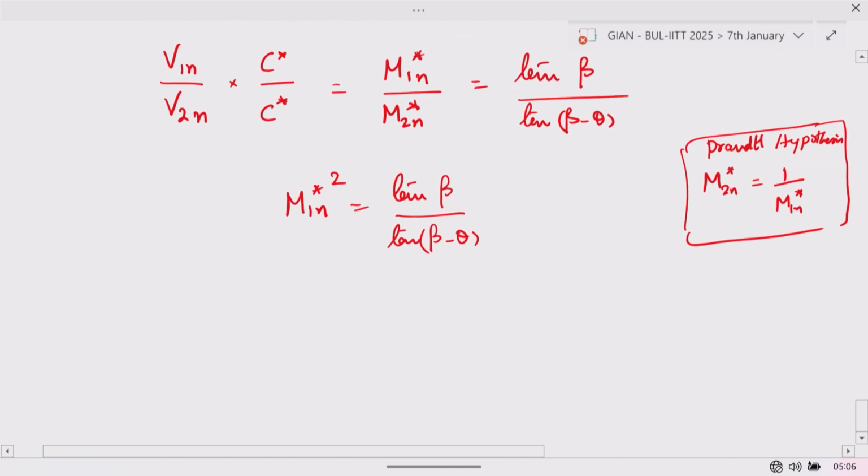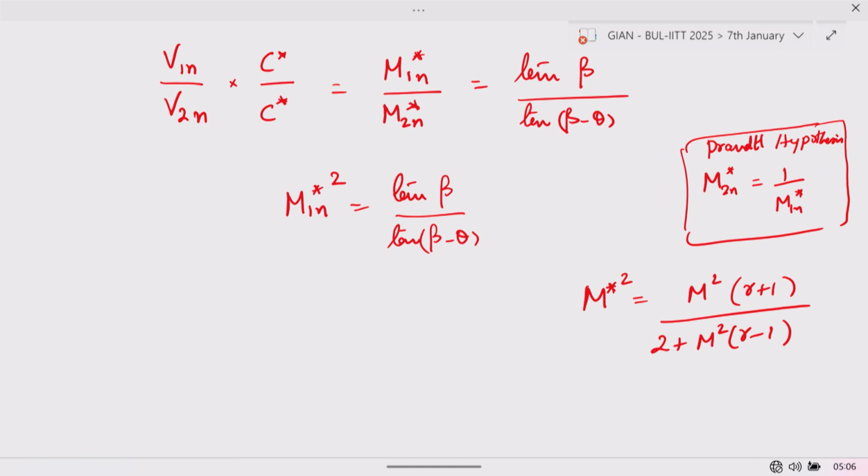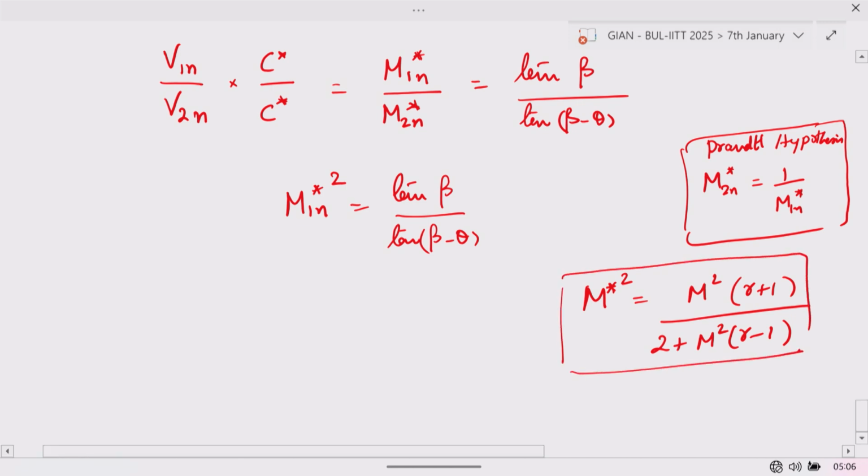And we have seen that there is a relationship between the characteristic Mach number and the local Mach number: M star square is equal to M square into gamma plus 1, divided by 2 plus M square into gamma minus 1. At the beginning itself, we saw this one. We didn't derive this, as going into it will take time, but this is the relationship.